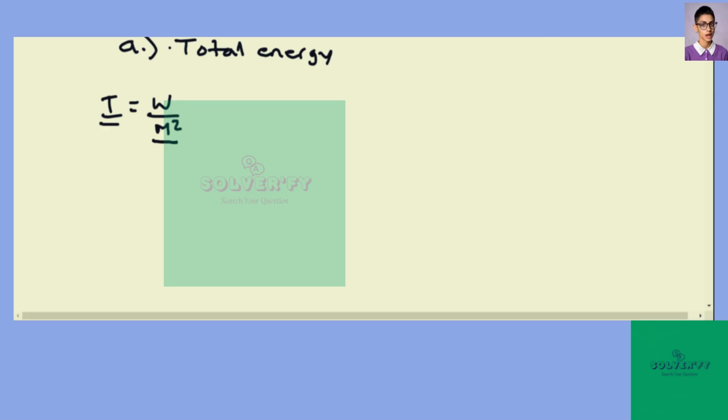So let's solve for watts. Watts is simply power, so P is equal to intensity times meter squared. Now plug in our numbers. For intensity, we have 1 times 10 to the minus 3 times our meters, 0.33 meters squared.